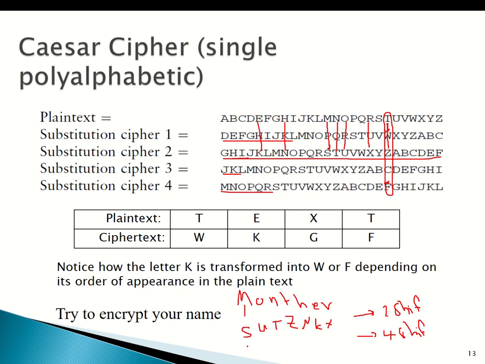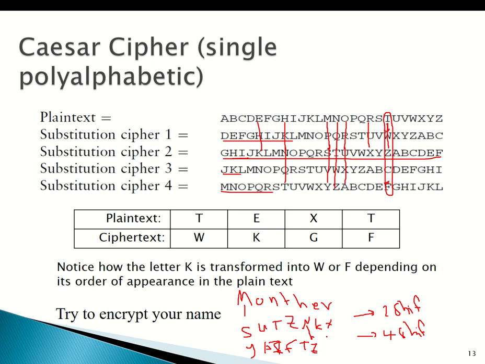The fourth shift is going to be, if you look at the M here, it will become Y, and the O becomes A, and the T becomes F, and the N becomes Z, sorry, Z, and the T becomes F, and the H will become T, and the N will become Z.